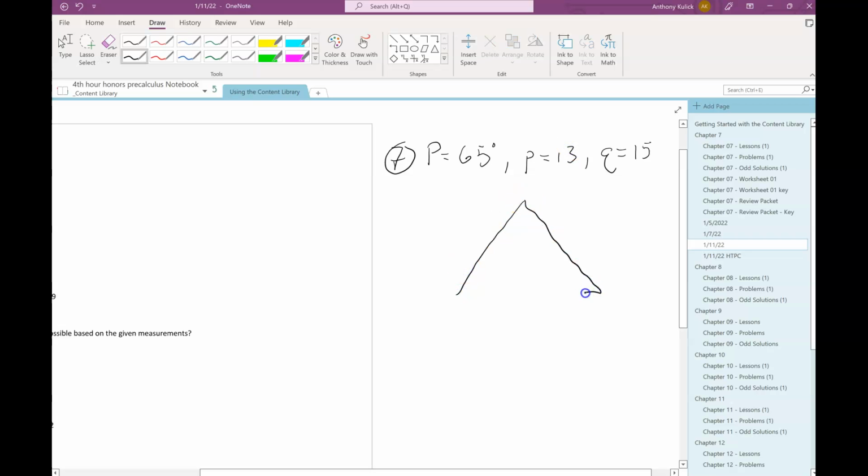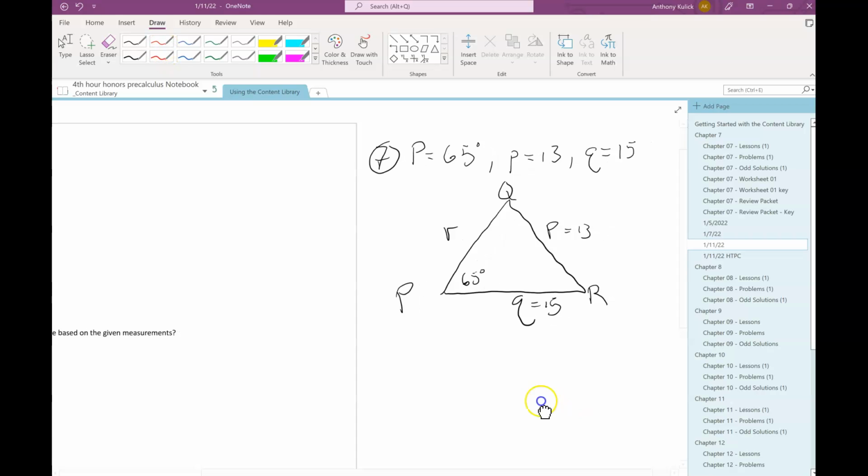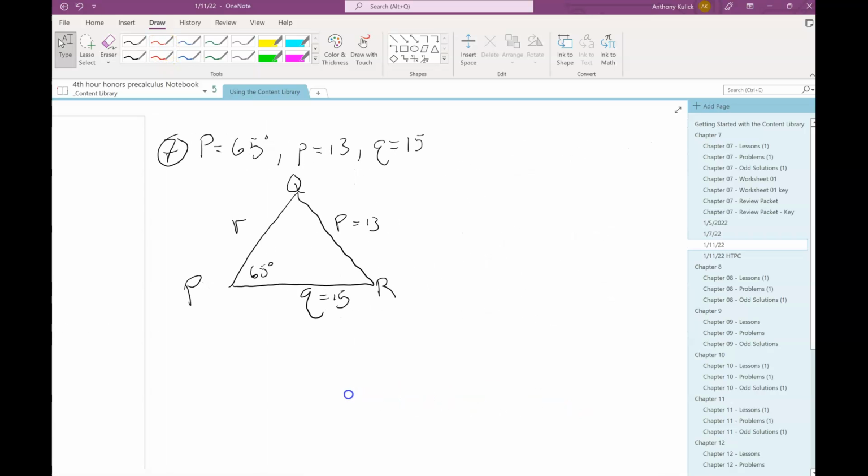So I'll start by just drawing a picture and labeling it. So first thing I want to do, now that I've drawn and labeled my picture, is determine what situation I'm in.